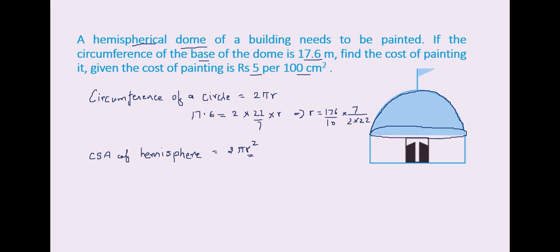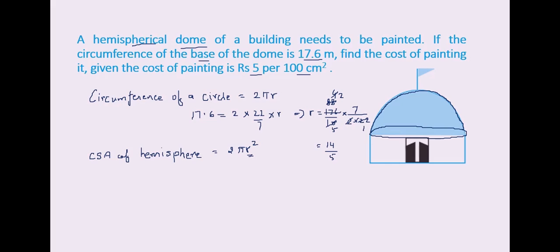Rearranging we get this. So 2 ones are 2, 22 ones are 22, 2 twos are 4, 2 fives are 10. So 14 upon 5 is the radius. Okay. So now we have the radius.